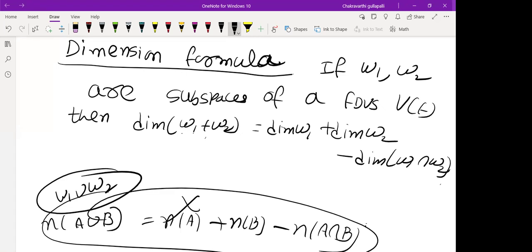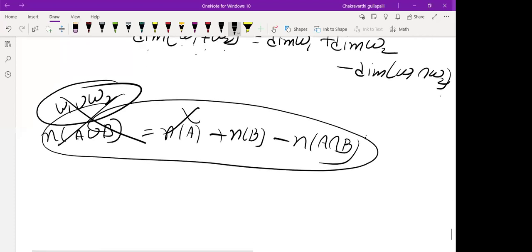That is not correct. This formula is valid only for plus, very important. You can find this question in one of the set papers, I think last year.